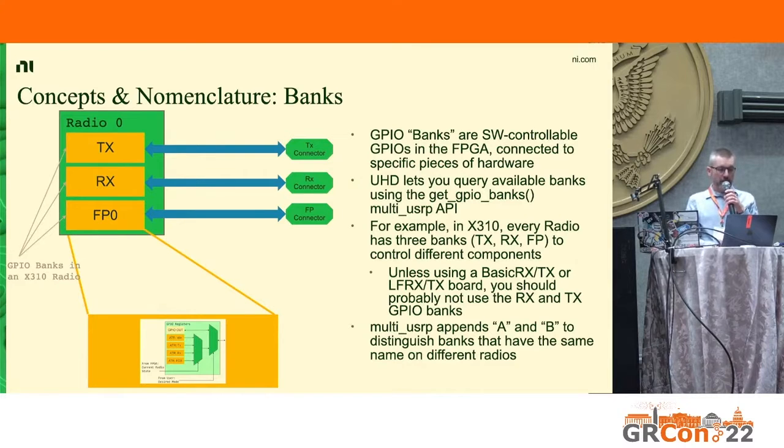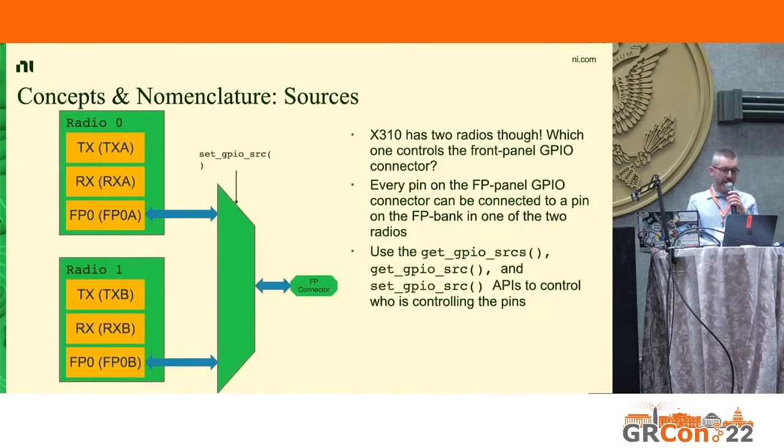So yeah, we have 3 of those banks, but you might ask, wait a minute, this makes sense, but there are 2 radios on the X310, so what about that? And the answer is yes, that's correct. All of those banks are duplicated, so we actually have 6 of these banks that you can program. In the USRP X310, we have the A side and the B side.